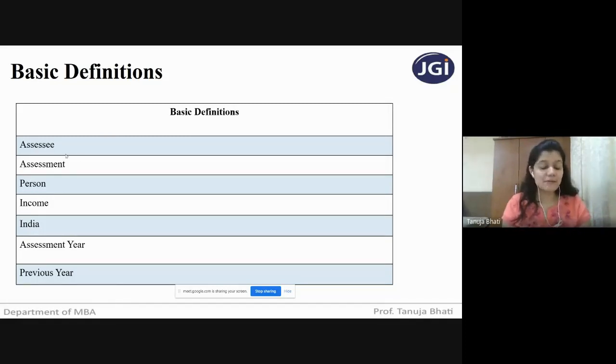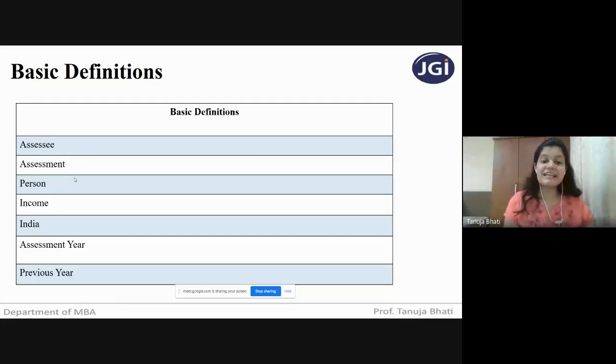Now, what is the definition of assessment? Assessment means the procedure. See, SSC is a person who is liable to pay tax to the government. Assessment is the procedure that is followed by the assessing officer. Now, who is the assessing officer? You all know that in every city there is an income tax office.